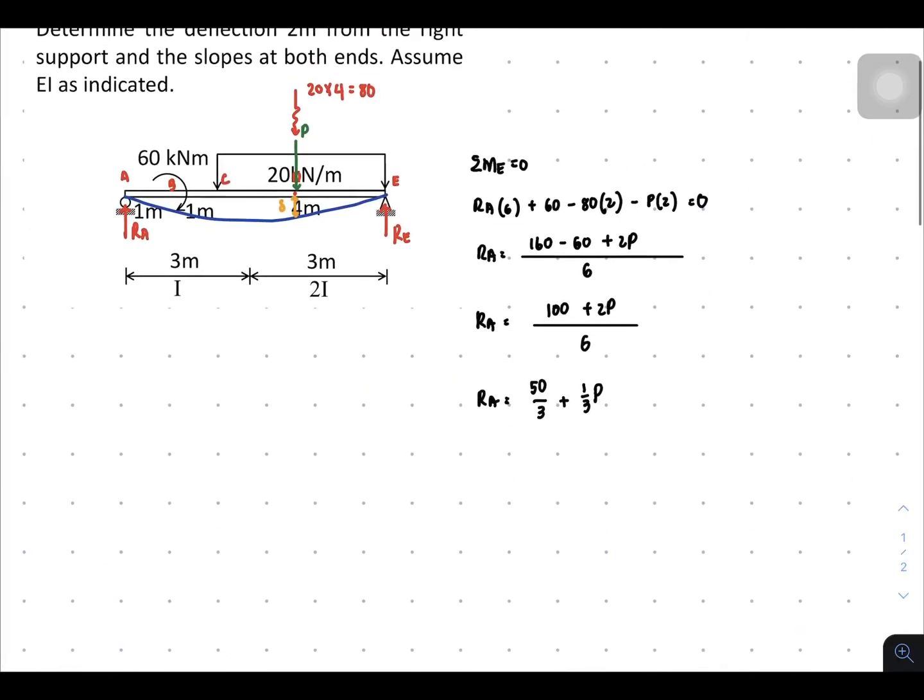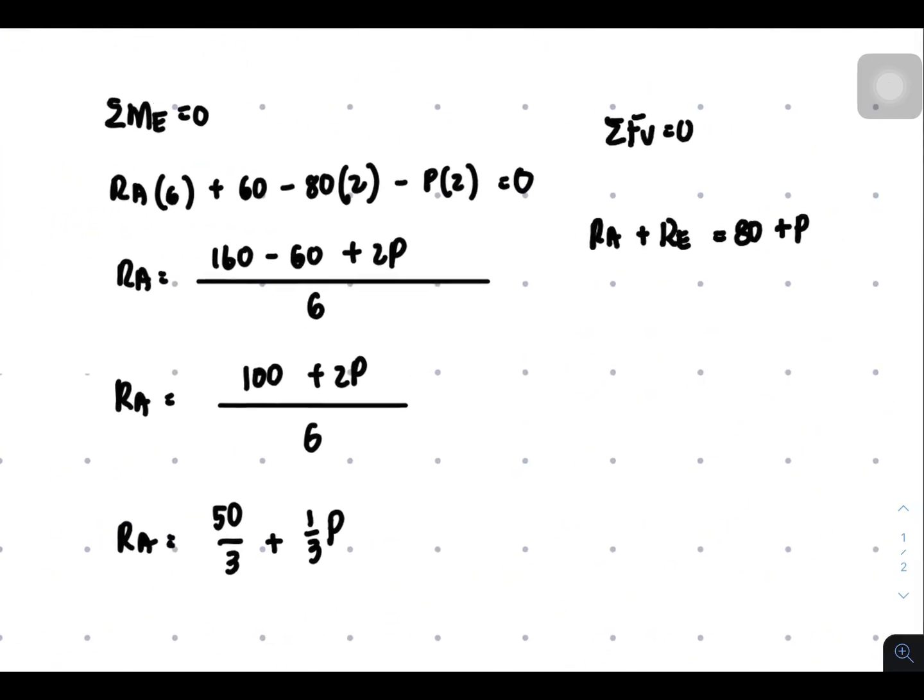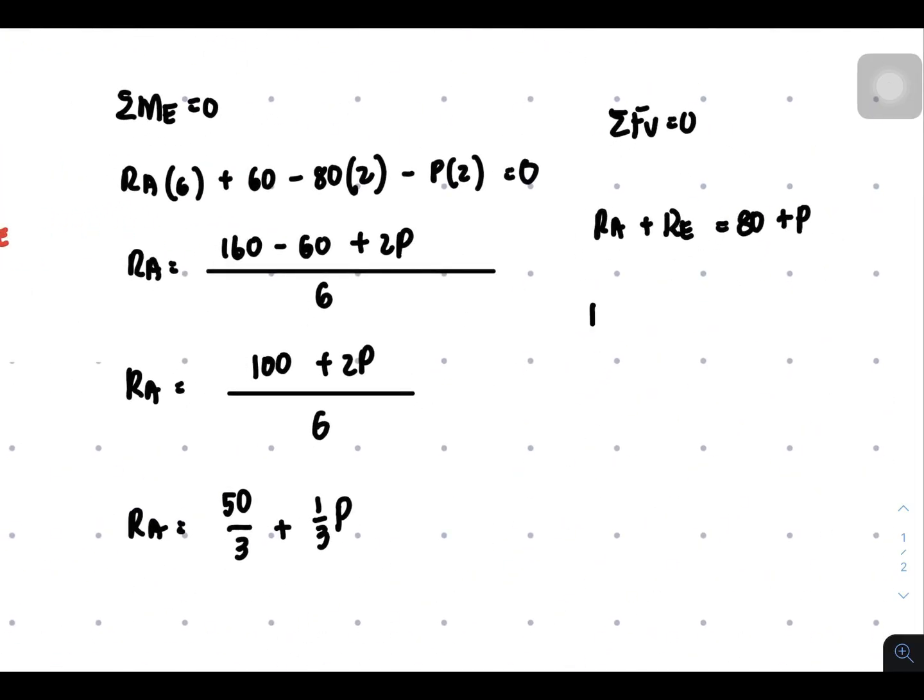That is your RA. And for RE, let's take the summation of vertical forces. You will have RA plus RE equal to 80 and P. So RA, let's transpose to the other side.